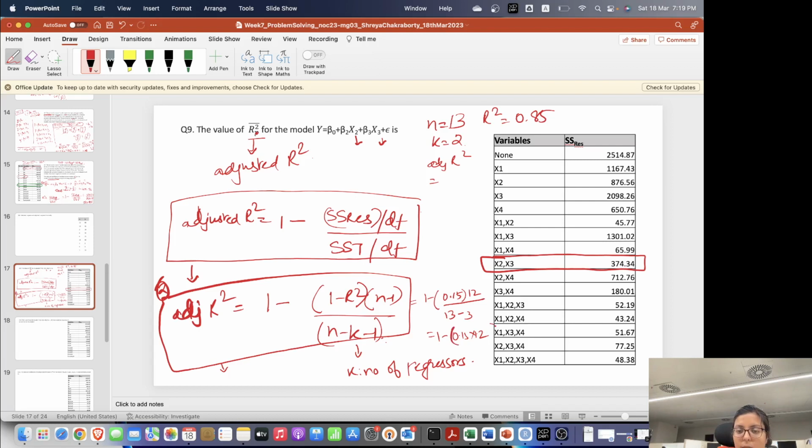How much is it coming out? It is coming to something like 0.82.